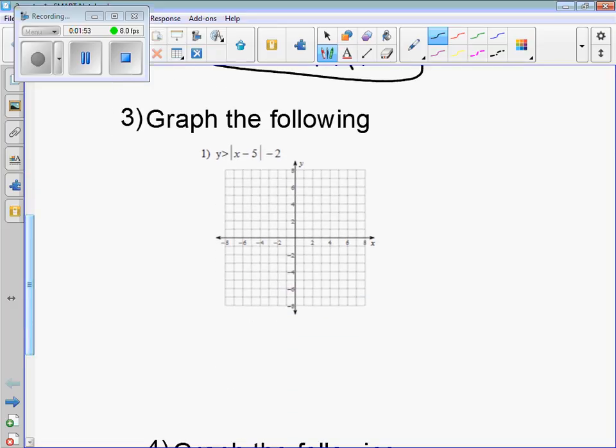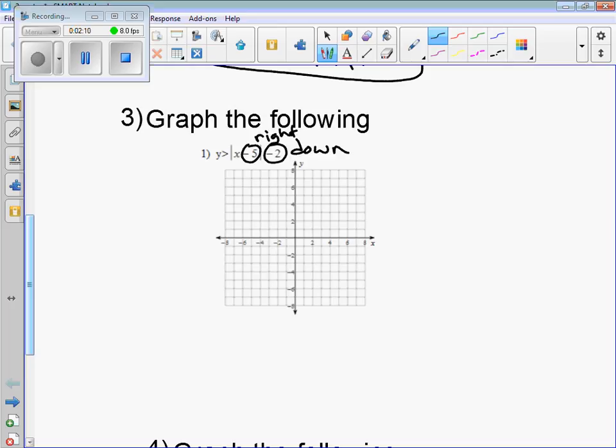Graphing the following. At the beginning of the year, we learned about absolute values, parent functions a little bit, and what transformations happen. Minus 2 on the outside means we go down 2. Minus 5 on the inside means we go right 5.